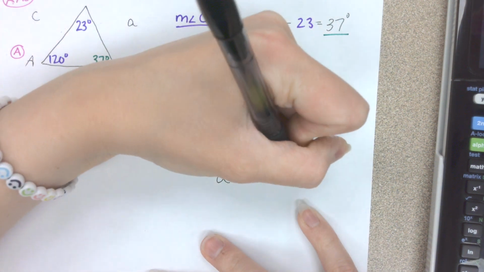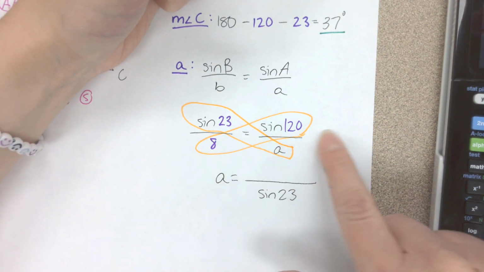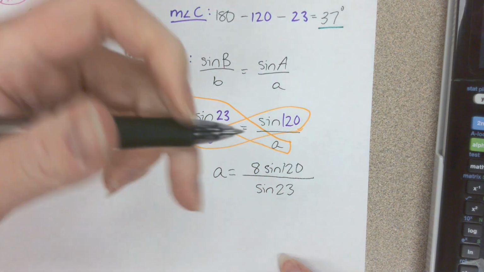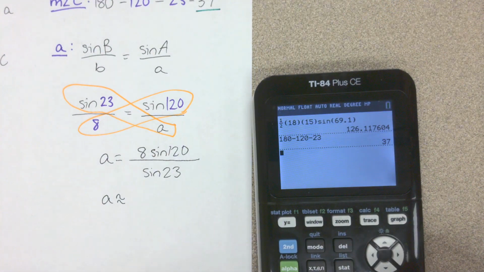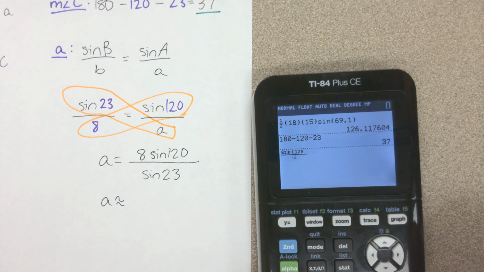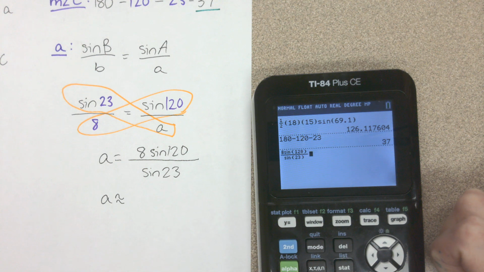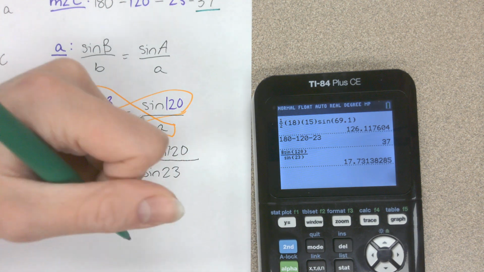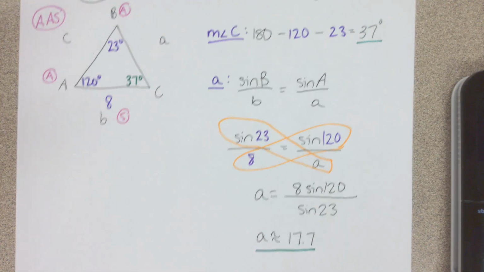A equals, whatever gets crossed with A will end up on bottom. Other two numbers cross on top. And then we'll round. 17.7. So that is side A.